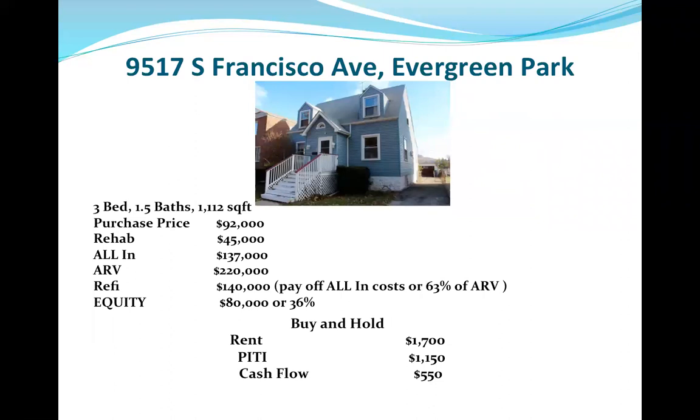So they need to amount to no more than $500, so that you have 25% of the rental income. So 25% of 2,000 is 500. So they want to make sure that you're cashing out at least 500 a month positive, so that they lend you money.